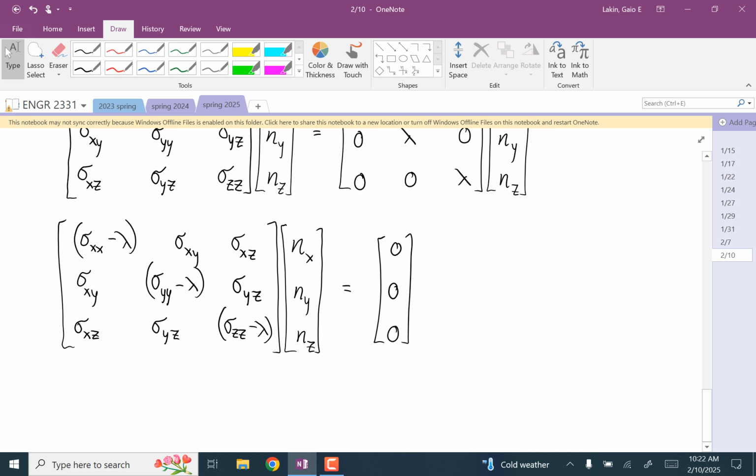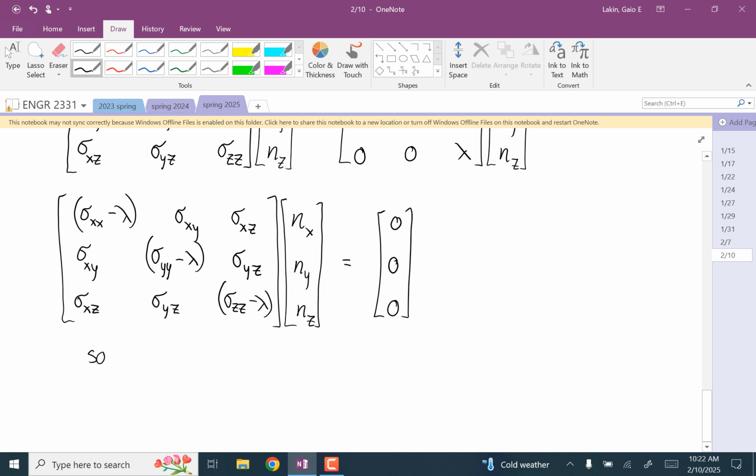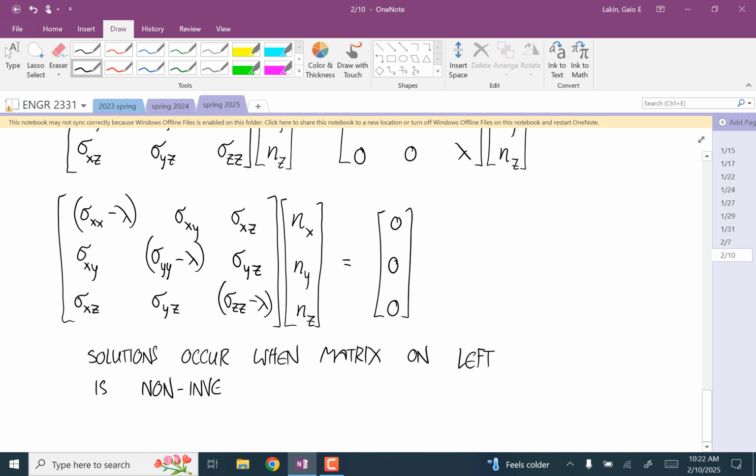Okay, so solutions occur when the matrix on the left is non-invertible. So what does it take for a matrix to not be invertible?